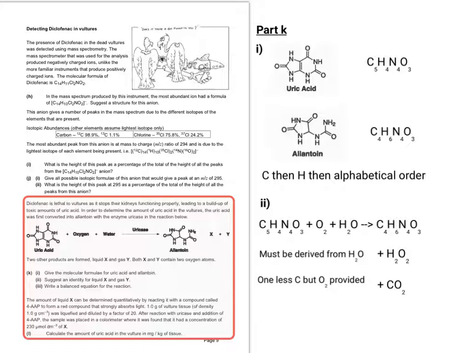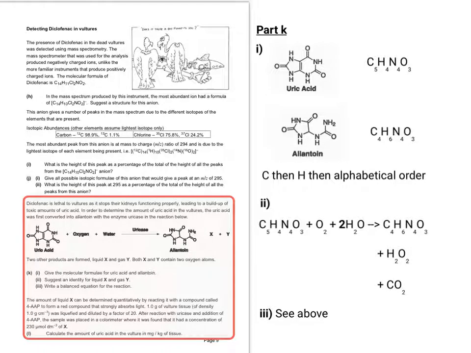So liquid X must be derived from H2O, so that gives us H2O2. In the final part of section K, we have to write a balanced equation. So looking at it all, we need to put a 2 in front of the water. So that means our answer to part 3 can now be considered to be that equation.